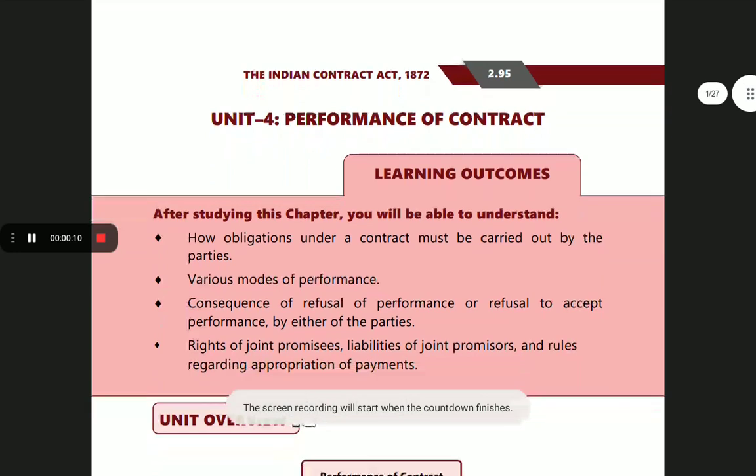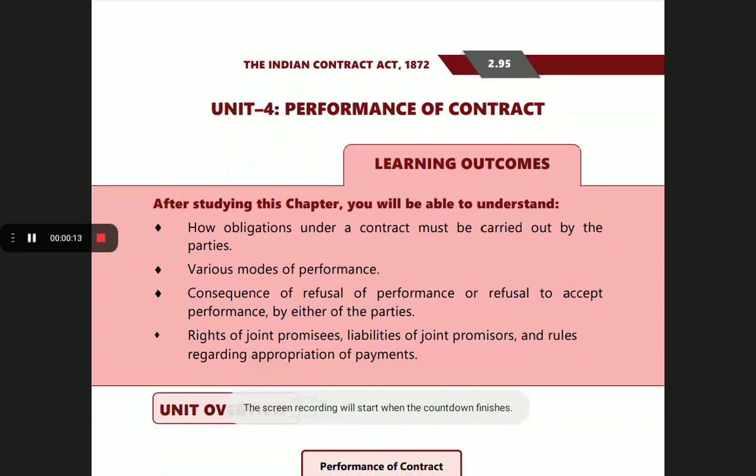Unit 4: Performance of Contract. Learning Outcomes.